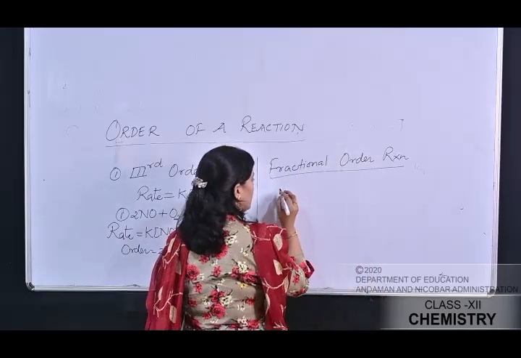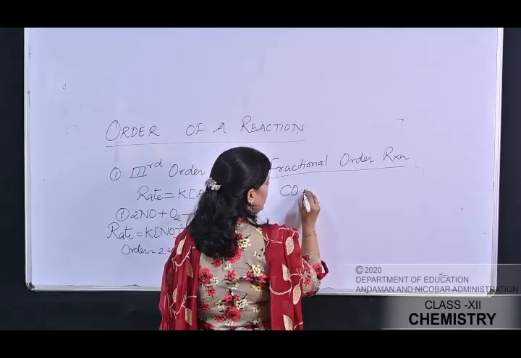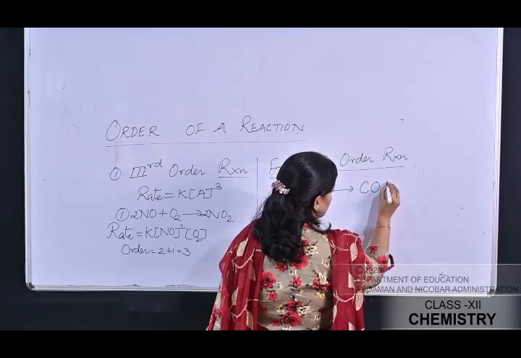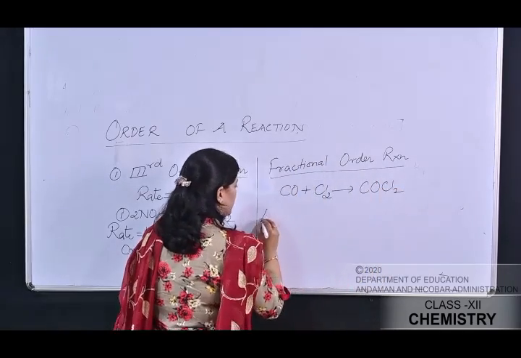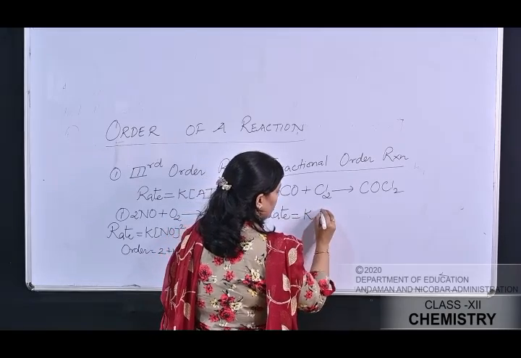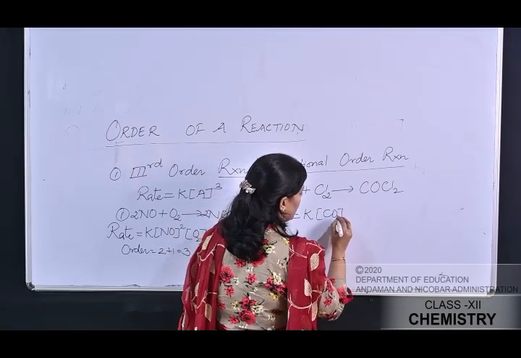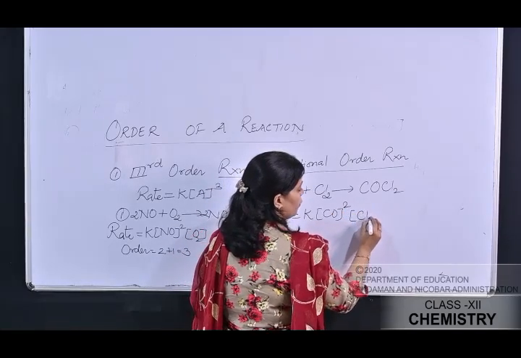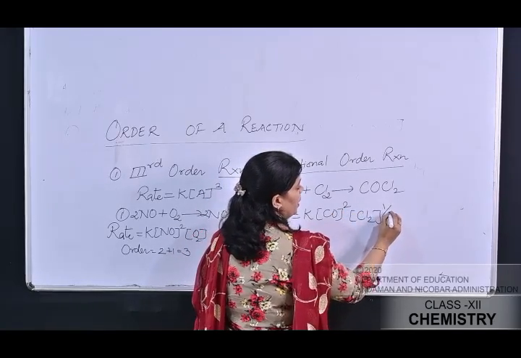The example of the fractional order reaction is carbon monoxide combined with chlorine to give carbon oxychloride, and the experimental results show that the rate of the reaction is equal to the rate constant into the molar concentration of carbon monoxide raised to power 2 and the molar concentration of chlorine raised to power 1 by 2.